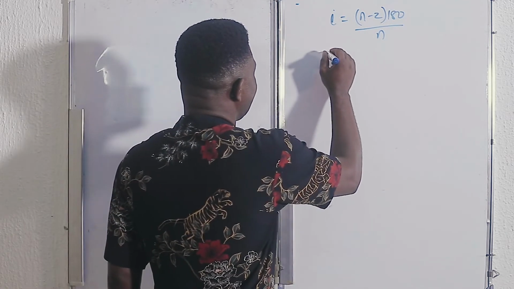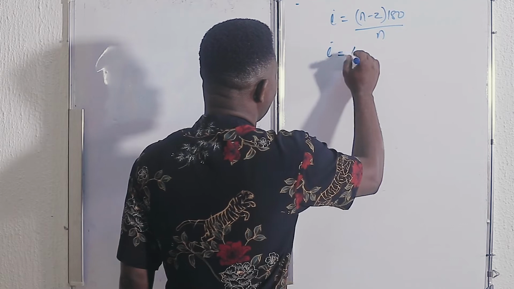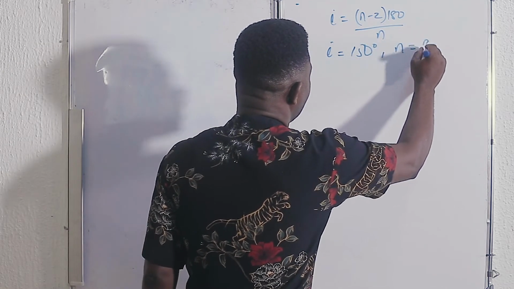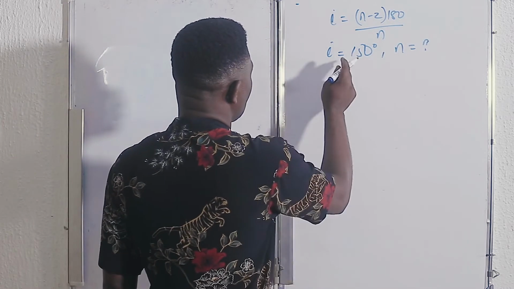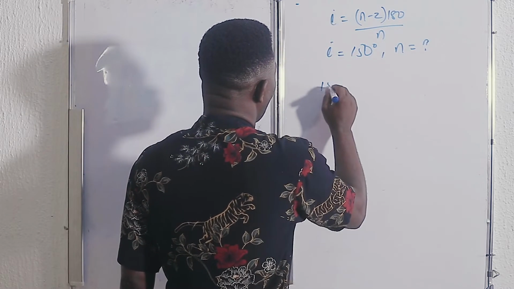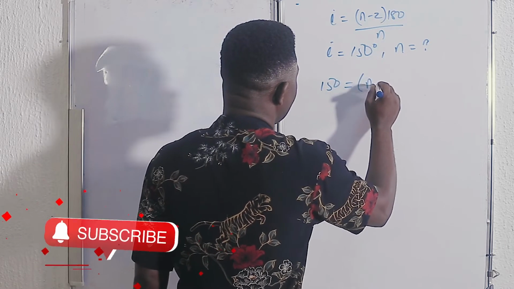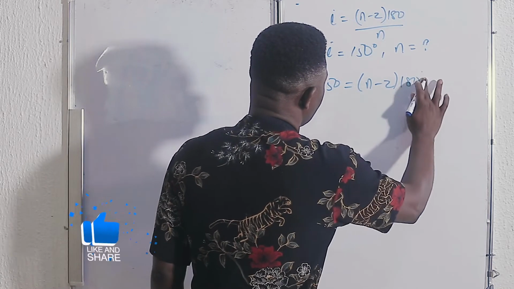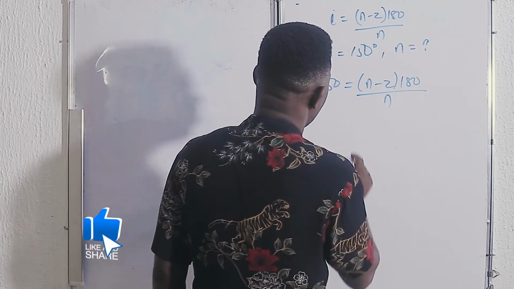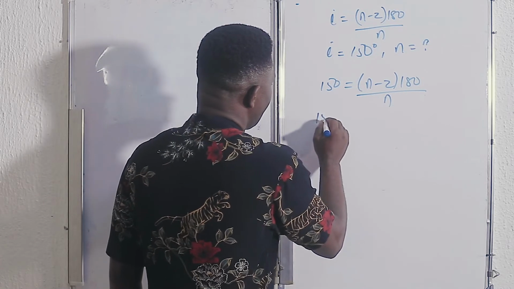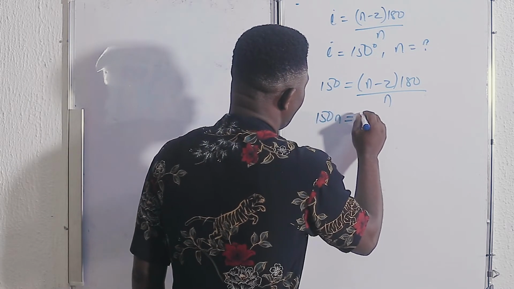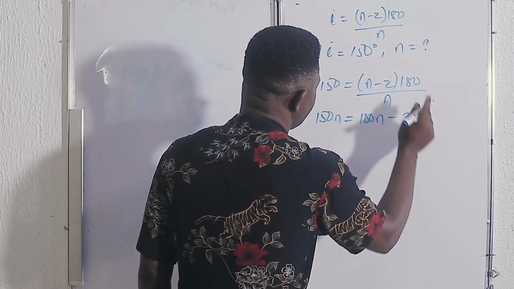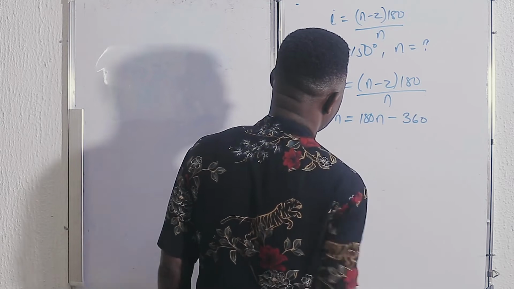We are given that the interior angle is 150 degrees. And we are asked to look for the number of sides. So we just put 150 into I. 150 is equal to n minus 2 times 180 all over n. We cross multiply. 150n is equal to 180n minus 360, because 180 times 2 is 360.